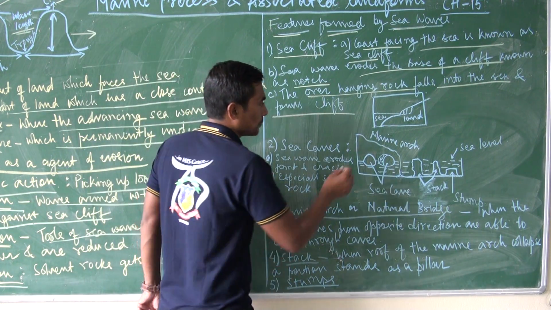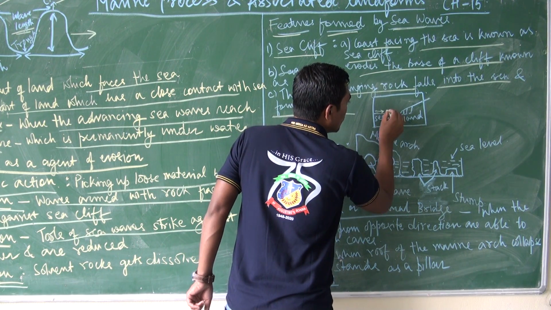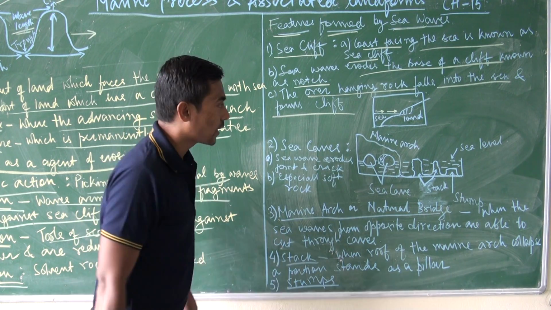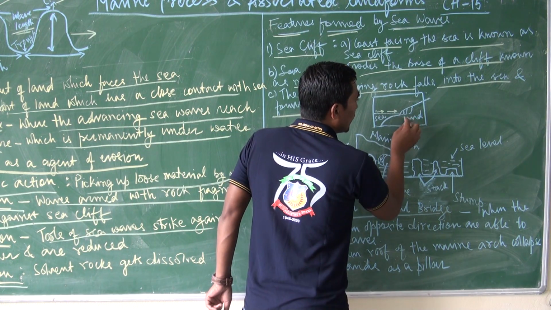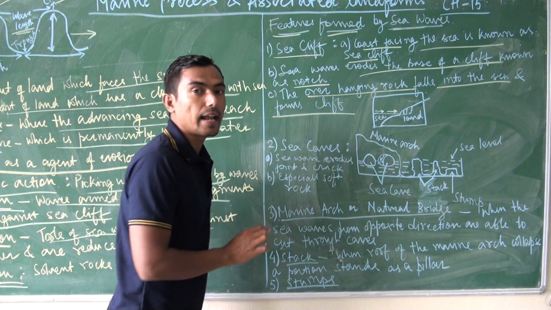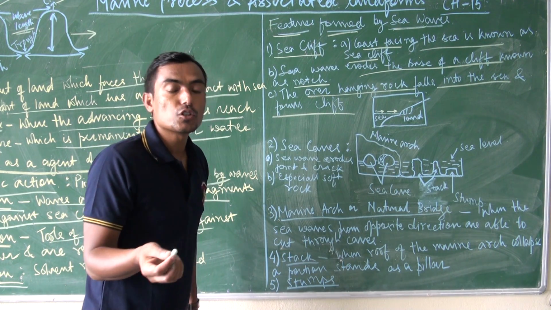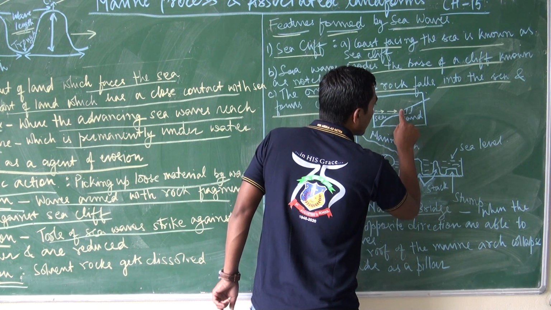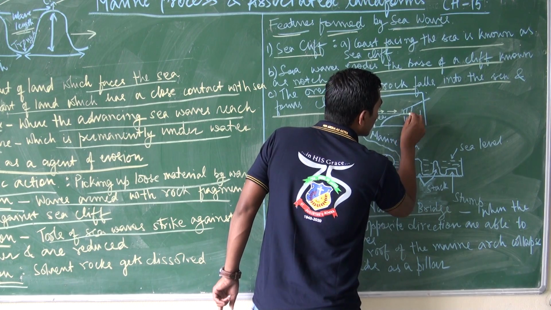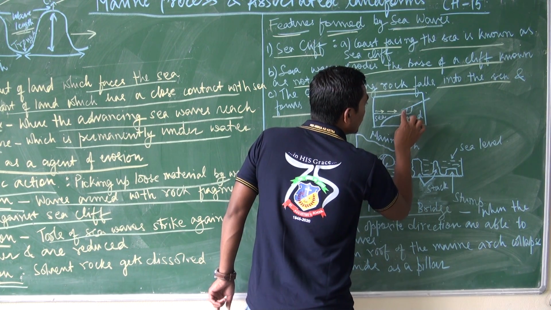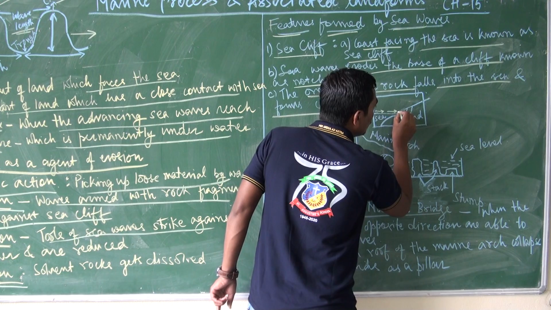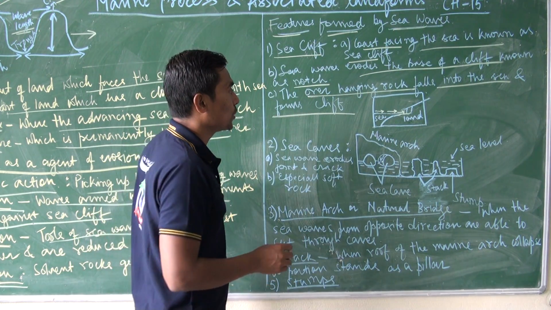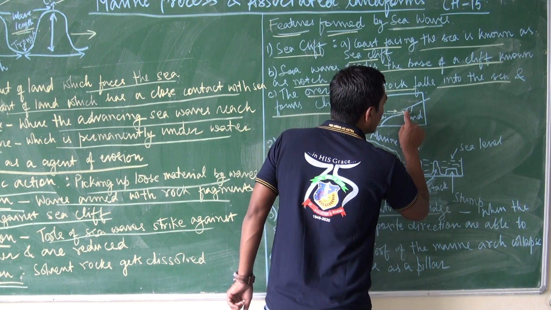Now listen, as the sea water moves towards the land, it attacks the base of the land. As it starts to erode the base of the land, the base gets eroded, and the water of the sea or the ocean starts to move towards the inland.